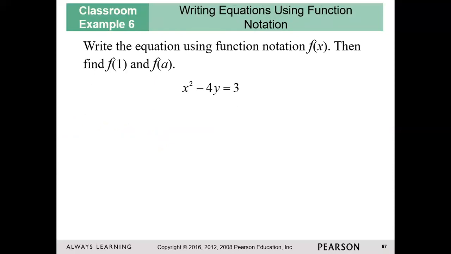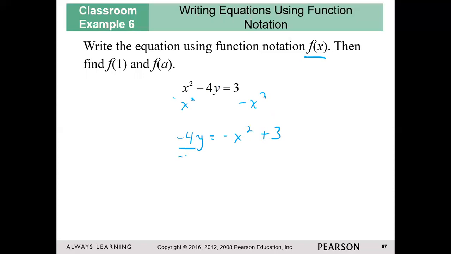Okay. So let's write an equation in function notation. So this is what we have right now, and we want to write this in function notation. In order to do that, you want to get y by itself, so that way you can take your y out and put your f of x in. Okay, so I'm going to subtract x squared to both sides. So that gives you negative 4y is equal to negative x squared plus 3.